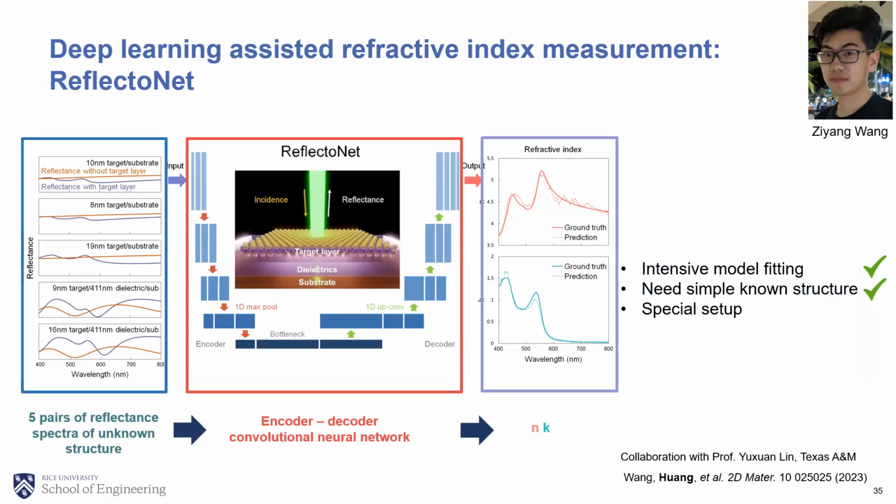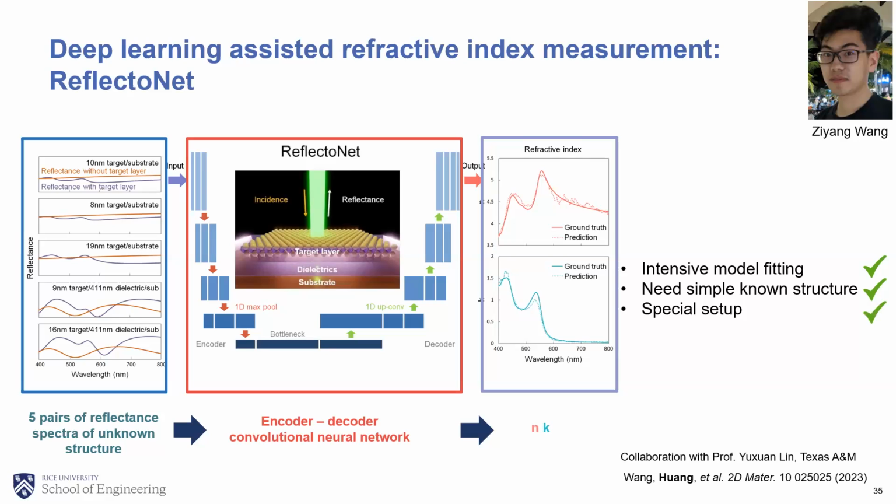These substrates can actually be quite complicated. So you can see actually the second challenge of the conventional ellipsometry is also resolved. We do not need to have a simple and known structure. We actually do not need to have any knowledge about the structure. All we need are the reflectance spectra, and 5 pairs of them.